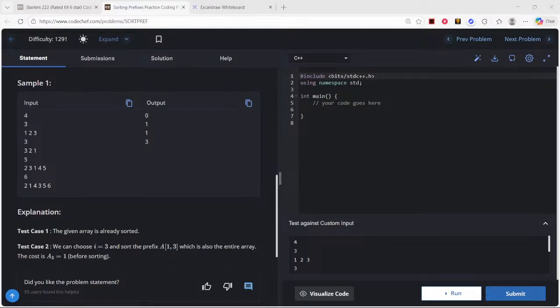The array is already sorted, so the cost is 0. Sorting means we put all numbers in the correct order. Since the array is a permutation of 1 to n, the final sorted array must be 1 to n.